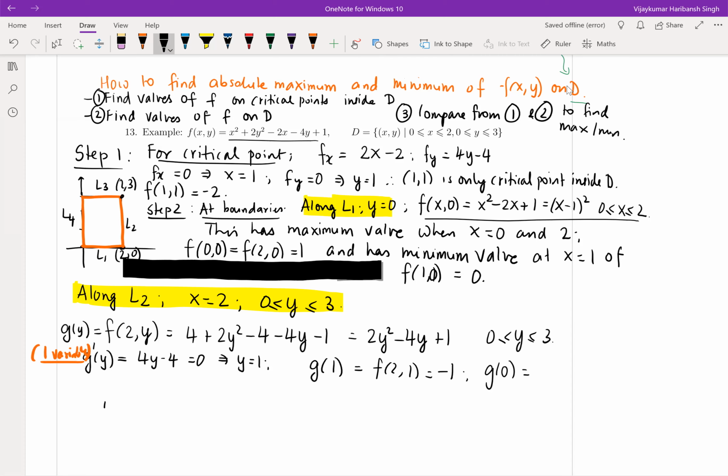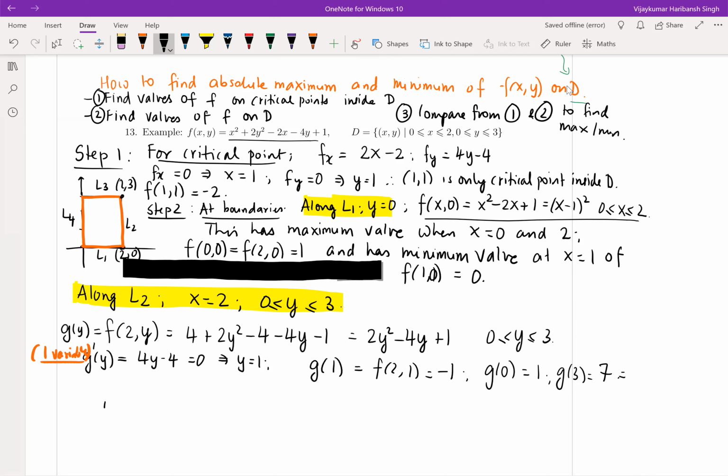So what do I get? g of 0 is 1, and g of 3 is equal to, so 3 squared is 9, 2 times 9 is 18, 18 minus 12 is 6, 6 plus 1 is 7.